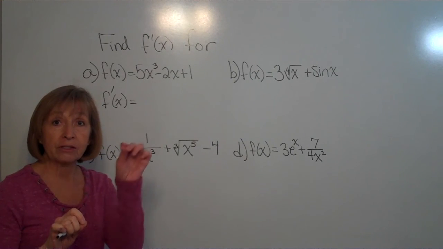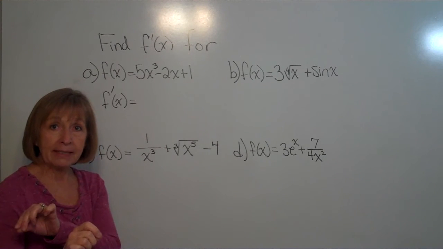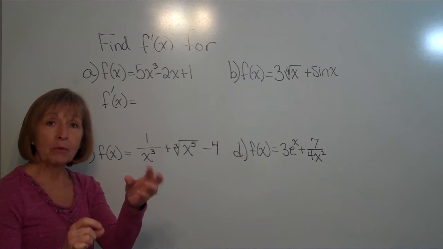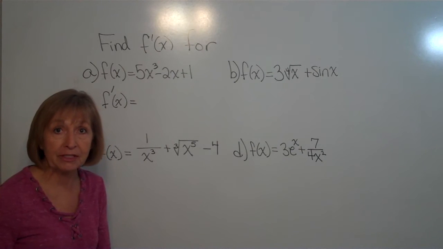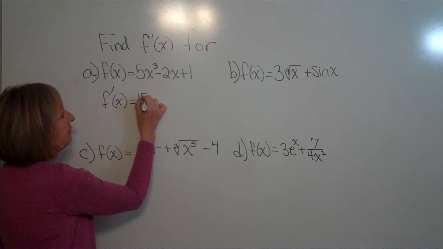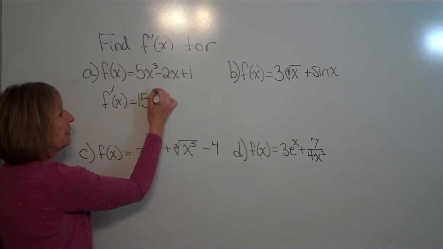Now the derivative of x to the third power is bring down the 3, keep the base x, and subtract 1 from the exponent. But when I bring the 3 down, I multiply it to whatever numerical coefficient is in front of it. So 3 times 5 is 15, keep that base x, and 3 subtract 1 is an exponent of 2.